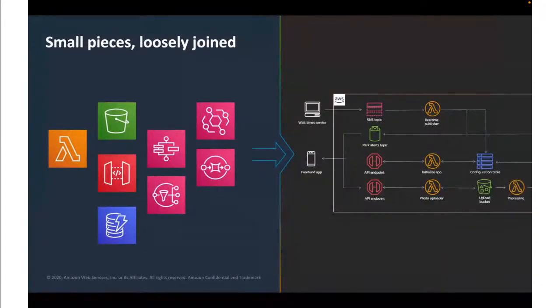So if you have gone on our management console and have taken a look at some of the services that we offer, one thing you will see common across all the serverless applications is they follow a design idea of the internet and web. What I mean by that is small pieces that are loosely joined, right? So all of these applications are very modular, composed from multiple AWS services. As you see here on the screen right now, on the left hand side, you see a lot of icons that represent a lot of such services in the serverless domain.